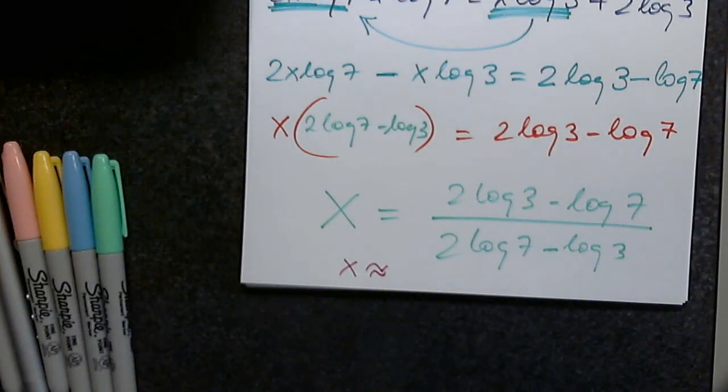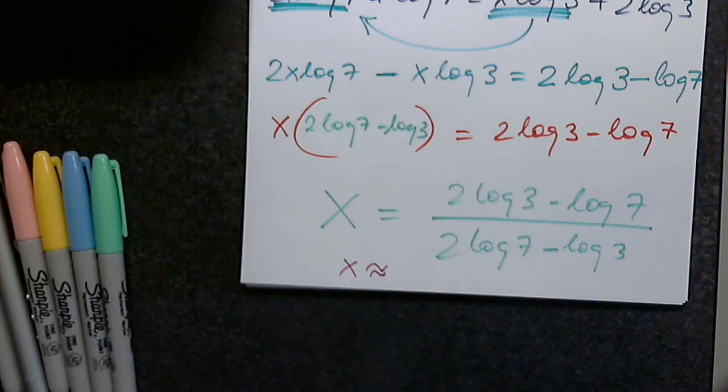So go to y equals, okay, in parentheses around the top, always parentheses around the top, 2 log 3 minus log 7, close parentheses. Don't forget parentheses around the numerator and parentheses around each and every log of the number, okay?